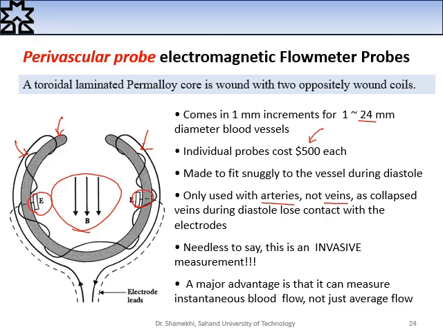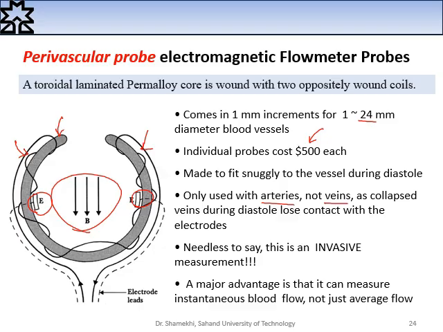Because of the low pressure inside veins, especially during diastole, we will lose the connection between the electrodes and the wall of the vessel. Therefore, we can only use these probes to measure the flow rate inside the arteries, because of the high pressure inside the arteries and good connection between the walls and the electrodes of the probe to the vessel walls.